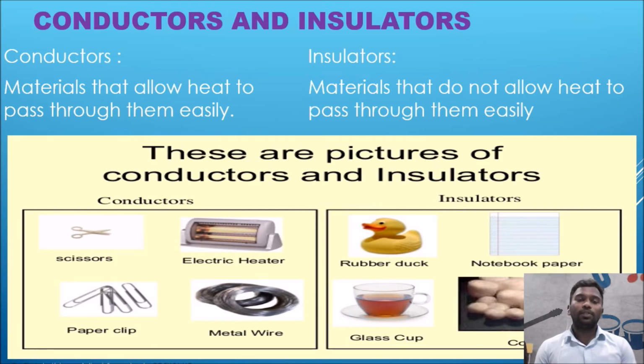Here are some examples we can see on the screen. Scissors. The next one is an electric heater. In that electric heater, a metal substance is there, no?